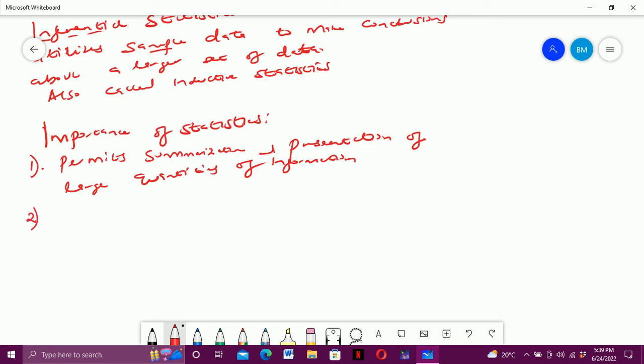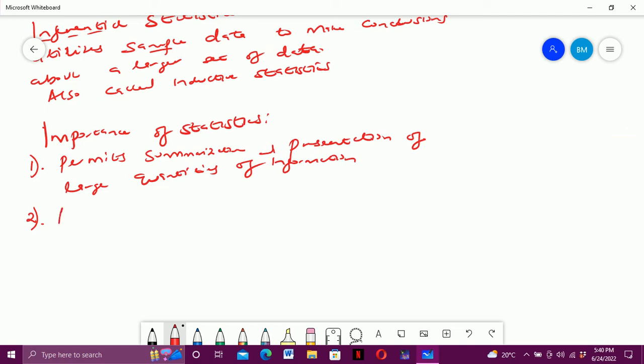So there are many bodies of knowledge that have large quantities of information. So statistics helps in summarization and presentation of such large quantities of information.